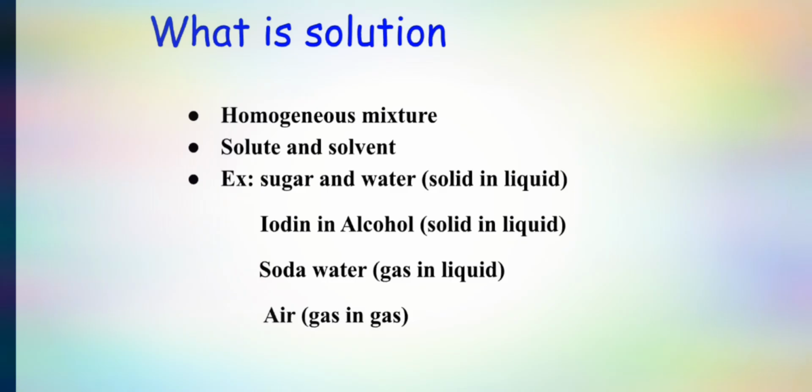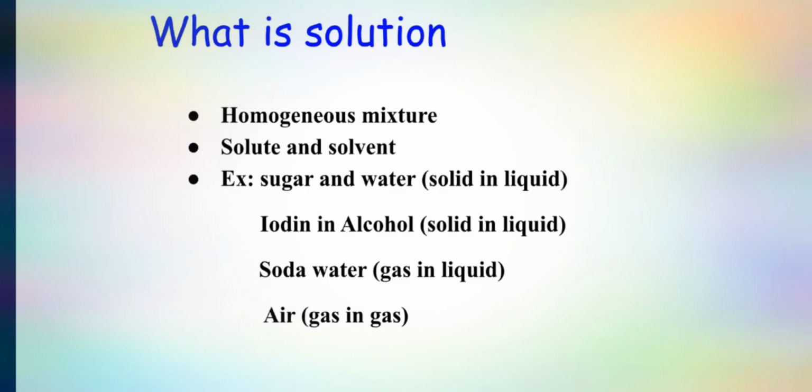In another example, iodine in alcohol, iodine is the solute component and alcohol is the solvent component. This is also an example of solid in liquid. In soda water, we have gas in liquid. Here the carbon dioxide gas in soda water is the gas solute component, and water is the liquid solvent component.